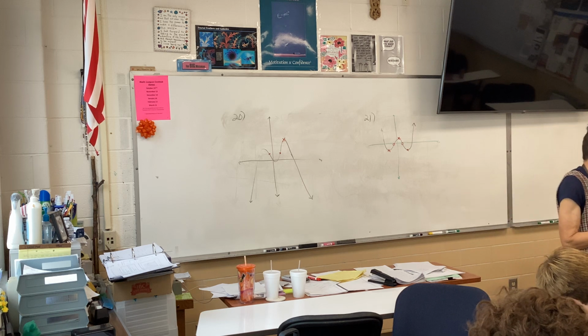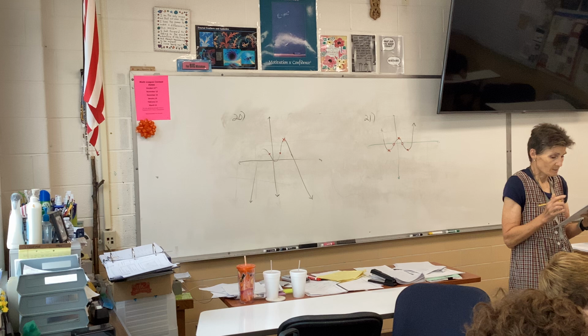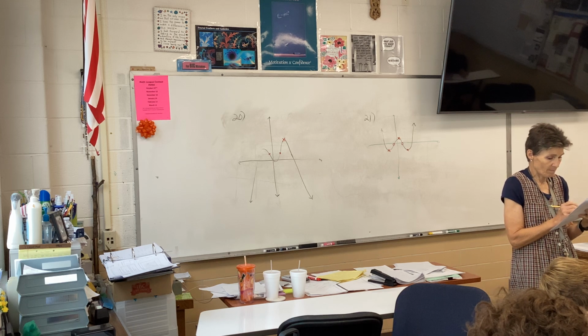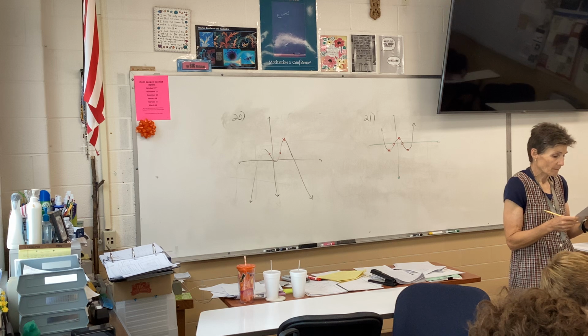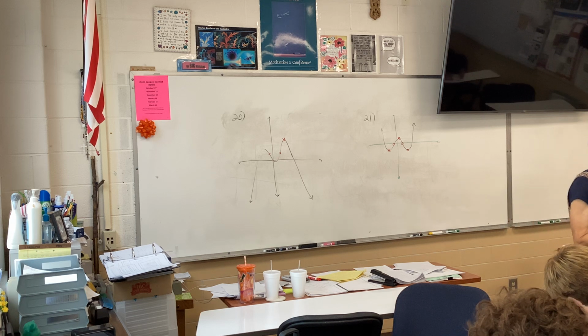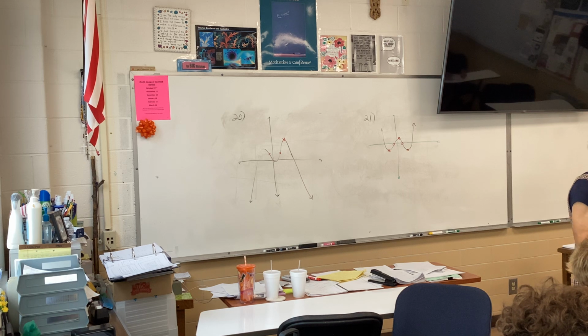All right, 25. The rate of change is negative and decreasing. So that would be from, well, I wouldn't say 1 to 4. Why not? What's wrong? It's decreasing on 1 to 4. But it's negative from 1 to 4. But why can't I say it's decreasing? Because part of it's concave up.